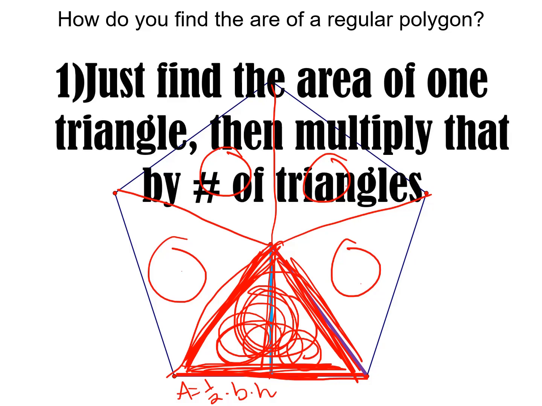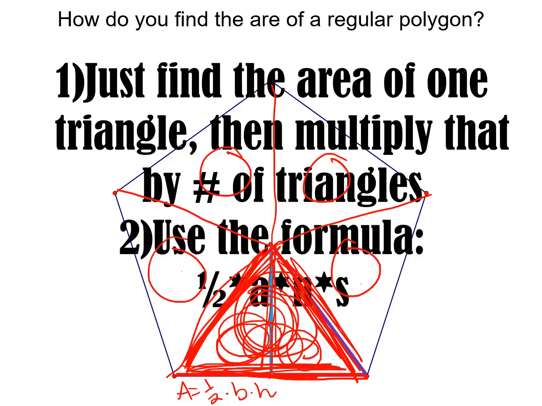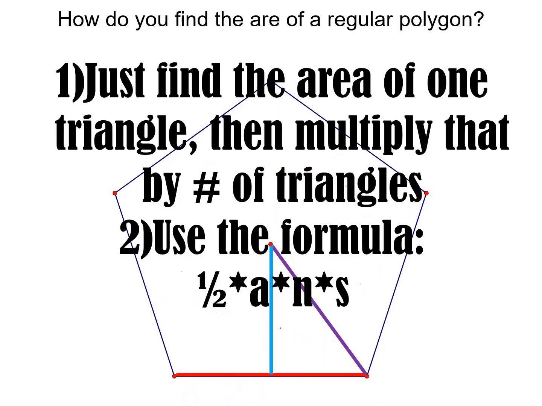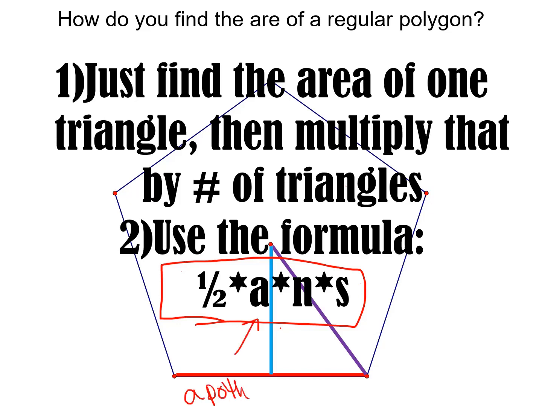So to sum up, we can find the area by just finding the area of one of the triangles, if we break it up from the center to the vertex into 5 triangles, and then multiplying that area of the one triangle by 5, or we can change that formula and call it 1/2 times the apothem times the number of sides times the side length. So this is our formula, and it should be in your foldable, but the A stands for the apothem.